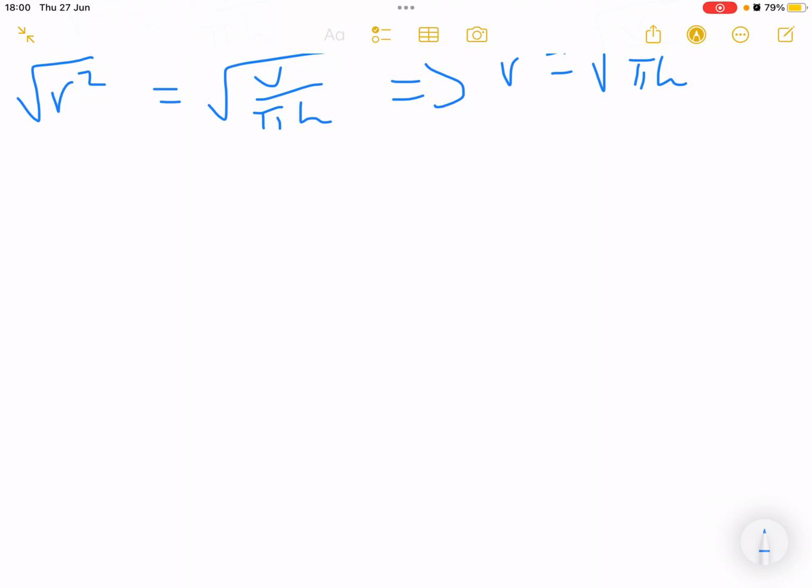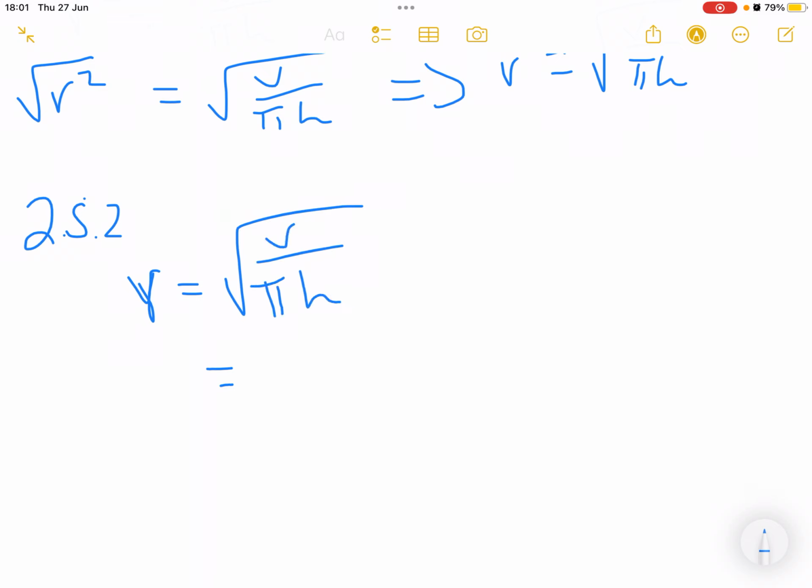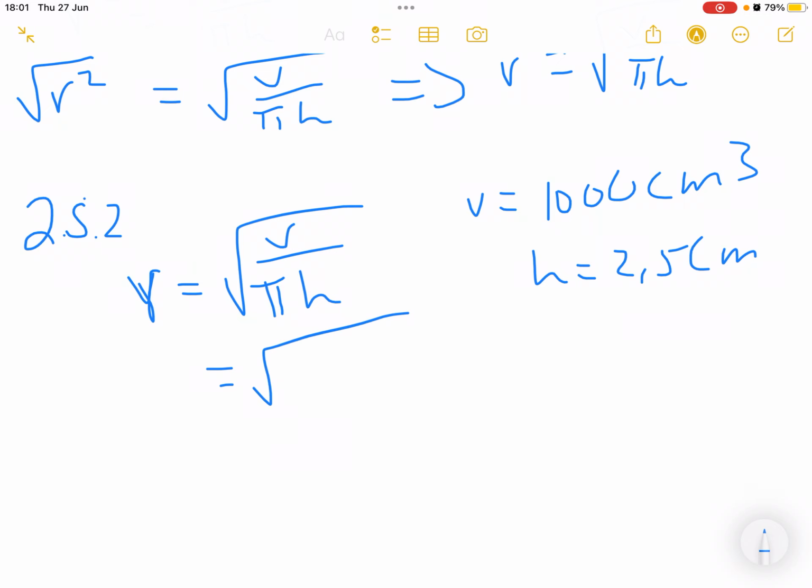So you can use this formula that you've made, that r is equal to the square root of v over pi h. You have the value of v being 1,000 cubic centimeters and h being 2.5 centimeters. So you substitute 1,000 over pi times 2.5.